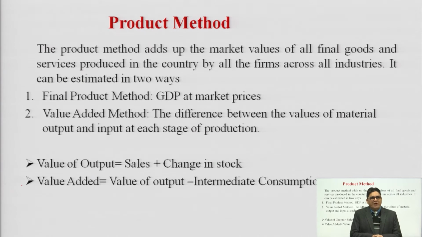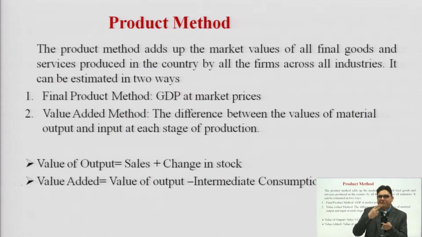Next, it is the value added method. Here, as I told you, the differences are taken across the supply chain, because at every stage of production, the subsequent stage will have a higher valuation than the earlier one. So, it is better to avoid double counting and take only the added value.